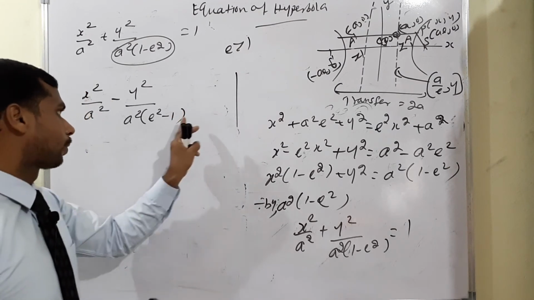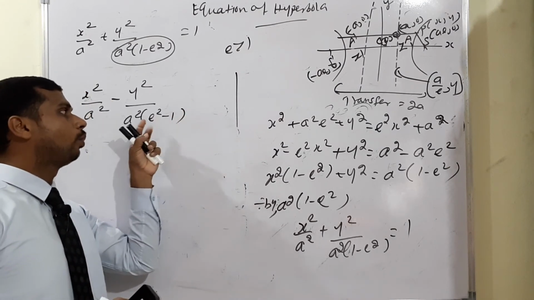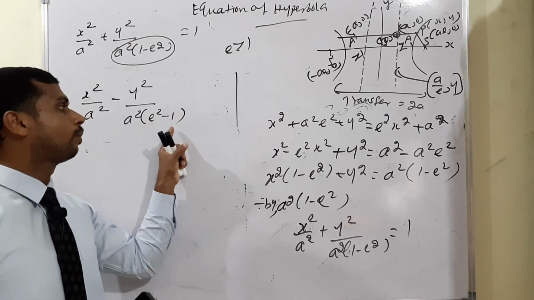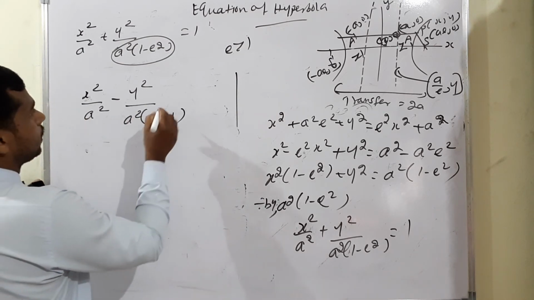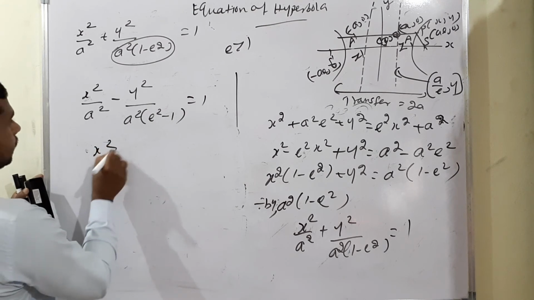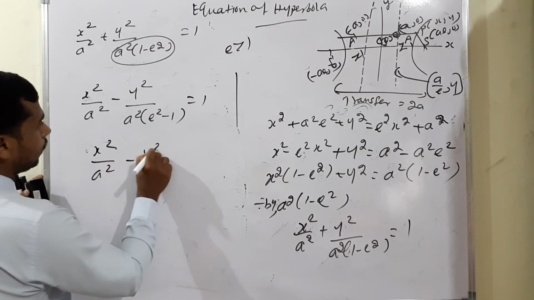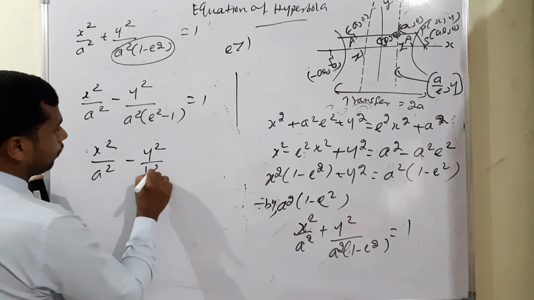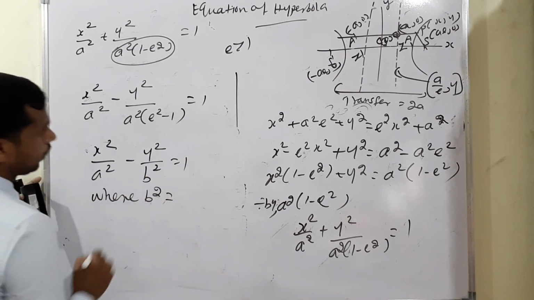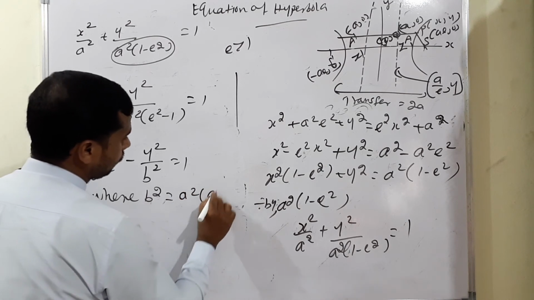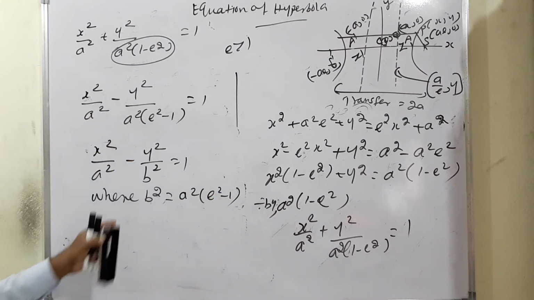If you take square root of the value, definitely more than 1. If for example 2 square means 4 will come, 4 minus 1 means 3. It's a real value function. Therefore this is equal to 1, we can write it x square by a square minus y square by b square is equal to 1, where b square is equal to a square into e square minus 1. Okay, this is one of the conditions.